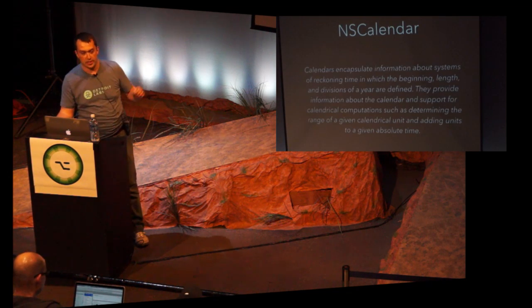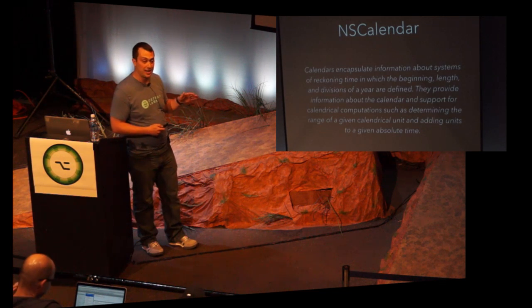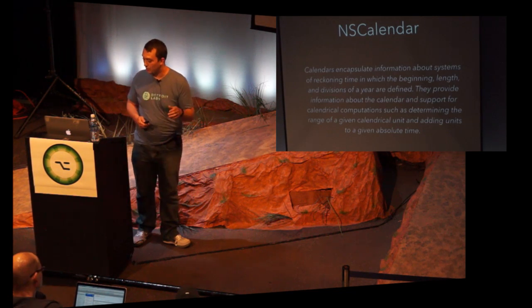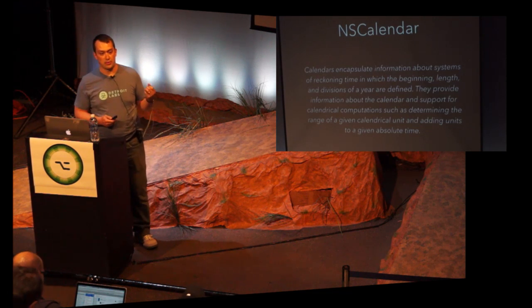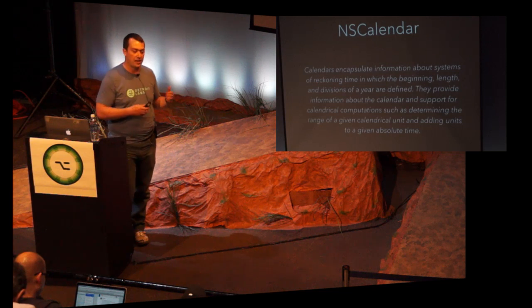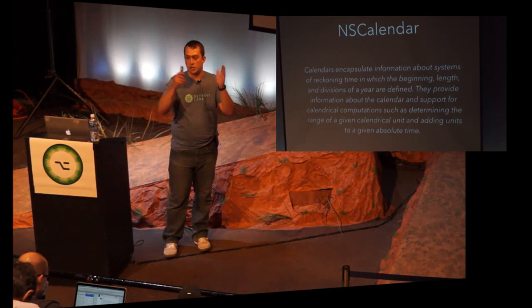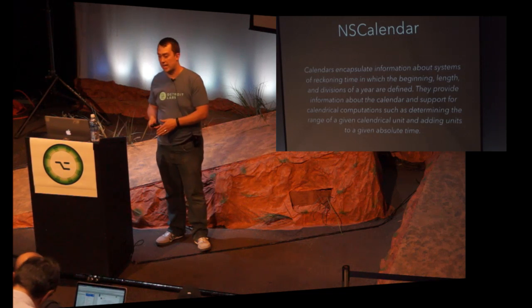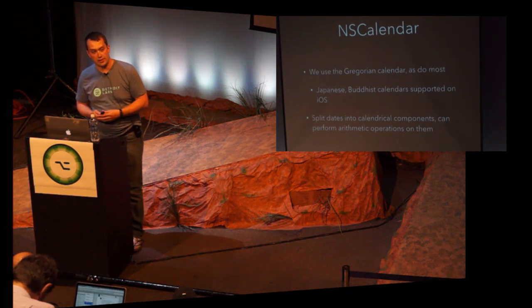Now, I love the documentation on date and time APIs. Whoever wrote them is great, big props, because they use really cool words like reckoning time and calendrical computations. But basically, think of the calendar as the way to translate from a moment in time to how a user thinks about time.